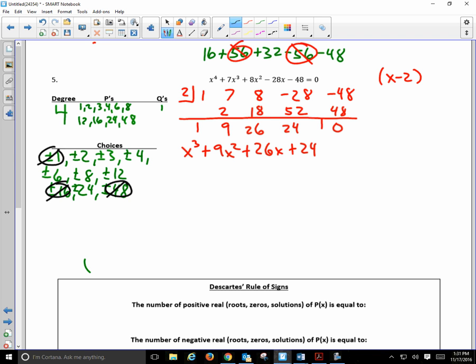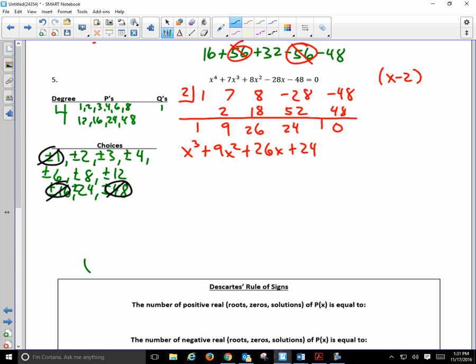And now we can get rid of half of the choices that are up there. We could get rid of all positives. Why, Lauren? Since they're all positive, there's no way that if we plug in a positive, we're going to get 0, right? So instead of trying 2 again, let's try negative 2.